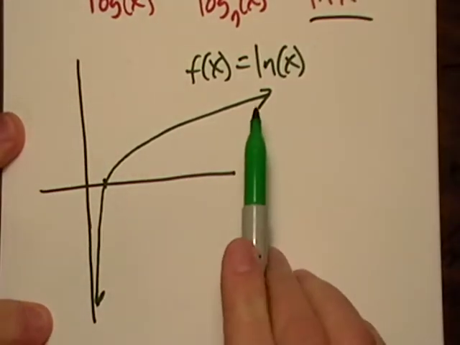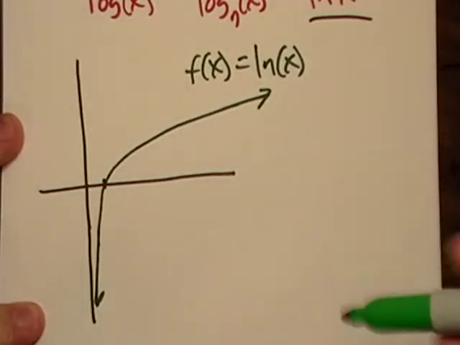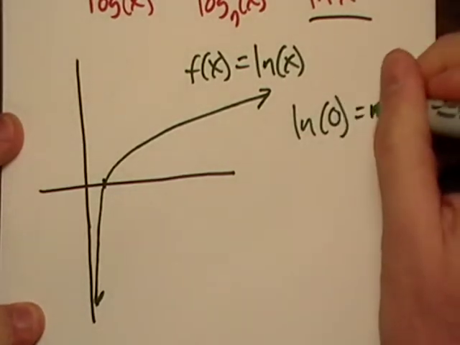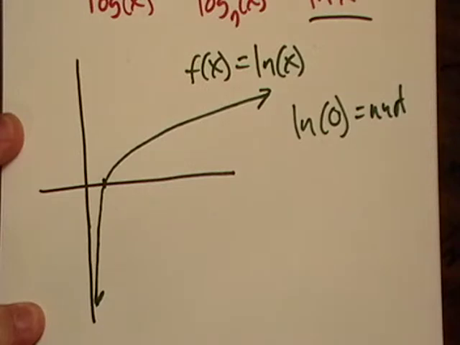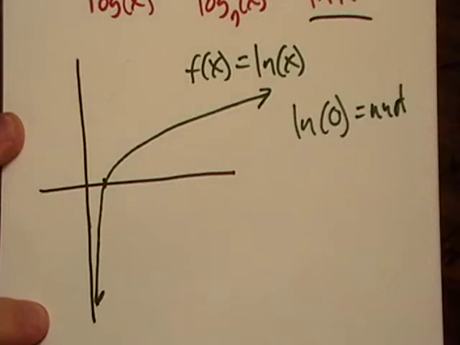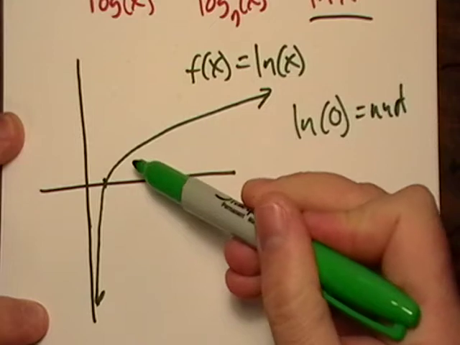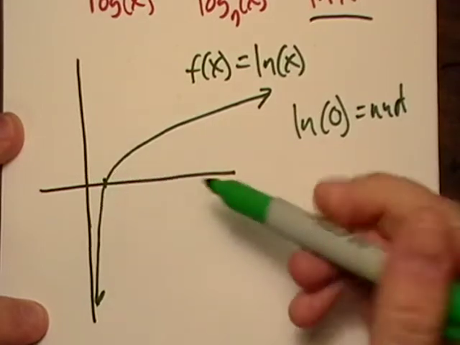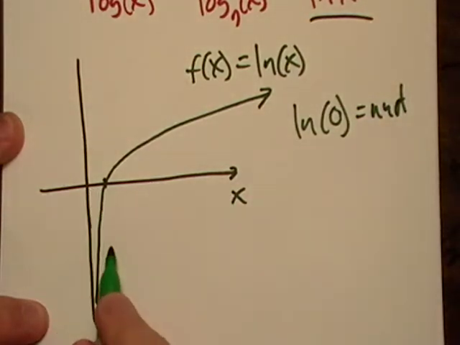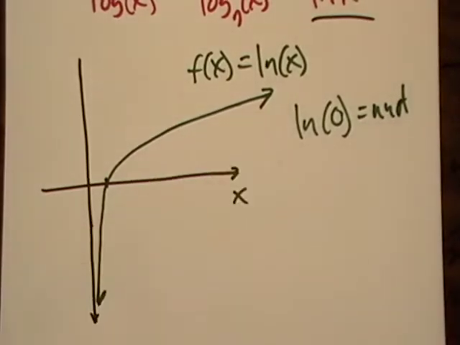Now, if you punch in natural log of 0 on a regular calculator, it's probably gonna give you an error, or say it's undefined, and I think the math folks actually say it is undefined. But look at the graph here. As x gets closer and closer to 0, the natural log function starts to go towards negative infinity.